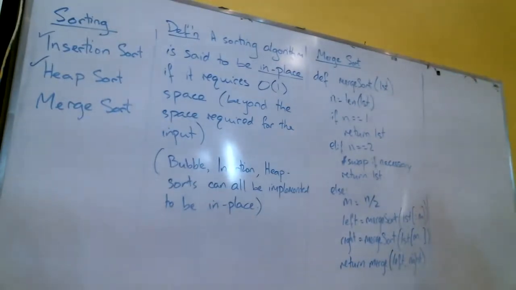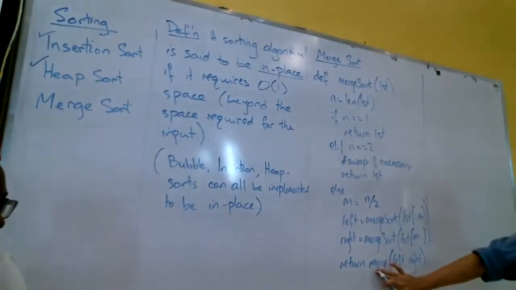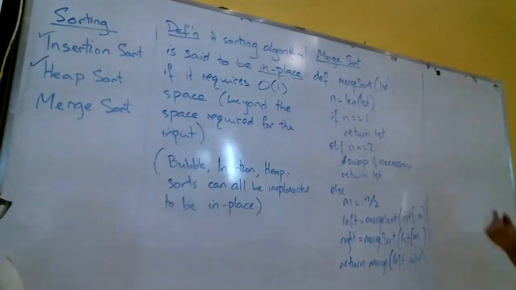So let me illustrate what merge would look like first. Since I'm not going to give you a code for merge, let me just illustrate how merge looks in general, and then I'll show you what the merge sort would look like when I'm running it on a small array.